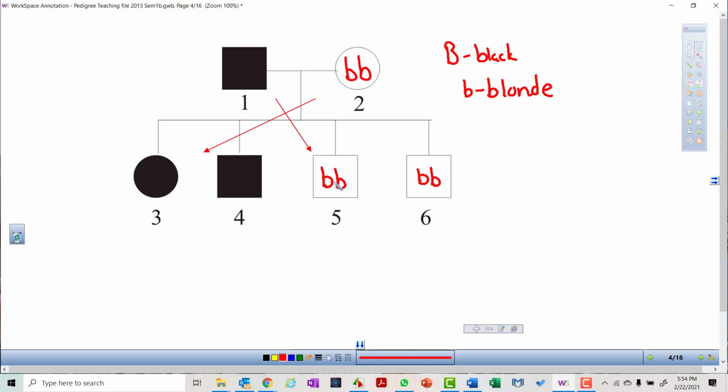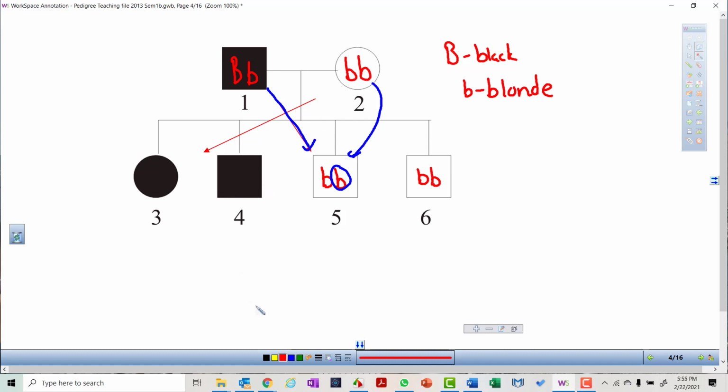Now that I have determined that this son here is homozygous recessive, I know that they got one b from their mom, and they had to have gotten the other b from their dad. So that tells me that this father must have a small b. I know they have a big B because they have the trait. So I've solved what number 1 is.